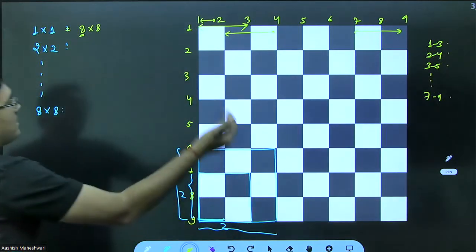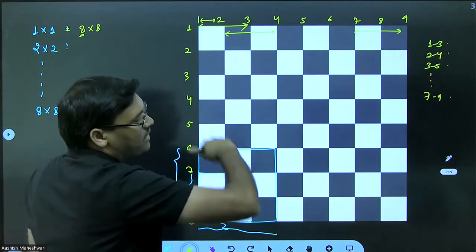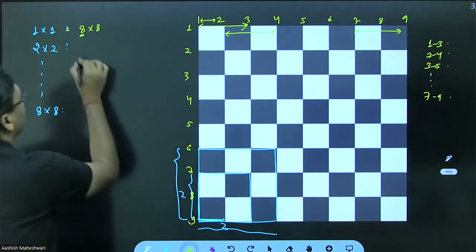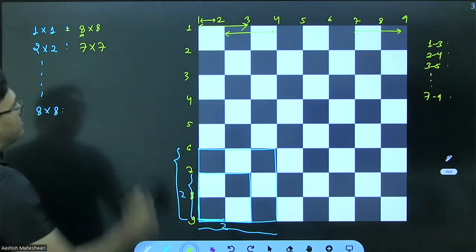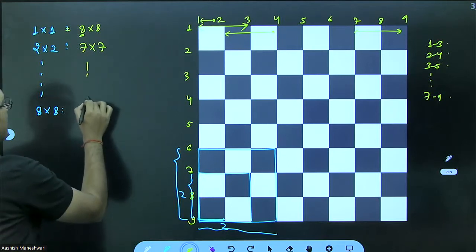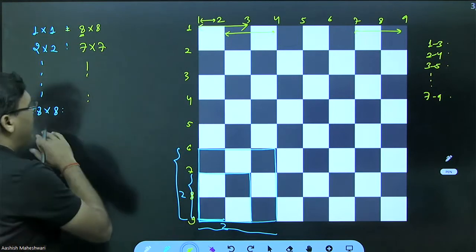So in how many ways can you select 2 vertical lines so that the gap between them is 2 units? That is 7 ways. And the same logic for horizontal lines. So this is again 7 ways. And so on. If I just go to the last, now you have understood the pattern. I want to select 8 cross 8.